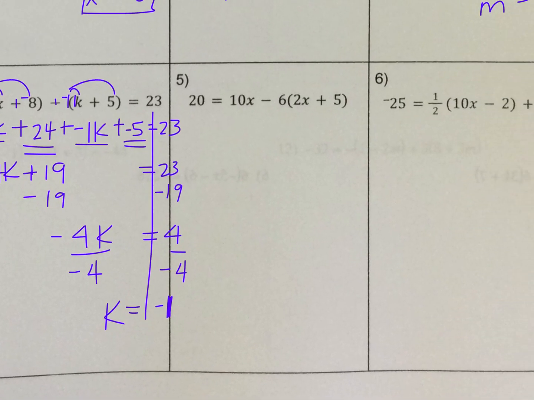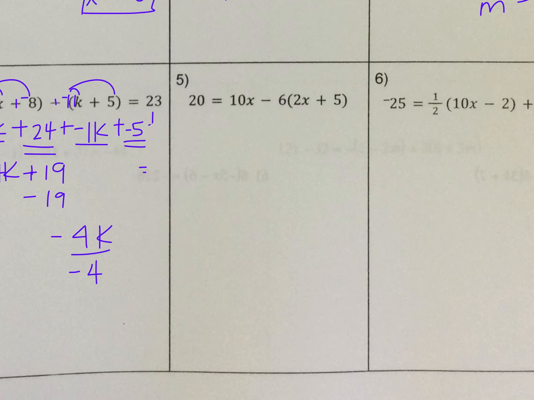All right, number 5. If you didn't get all that, rewind it so you can see it. All right, I've got to do some distributing action first. So I'm going to just bring down the 20, bring down the 10x. Negative 6 times 2 is negative 12x.